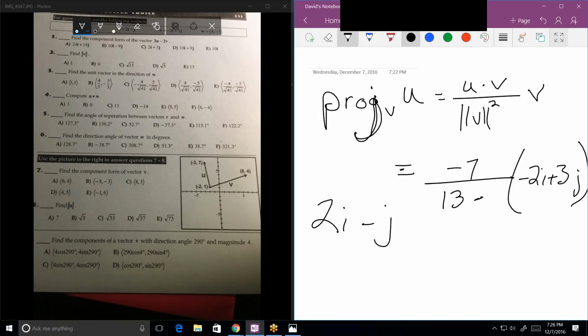And W, they give you the vector as 4 comma minus 5, which is also 4i minus 5j. So then how do we compute? That should be 2 times 4 is 8, plus minus 1 times minus 5 is 5, so 13.